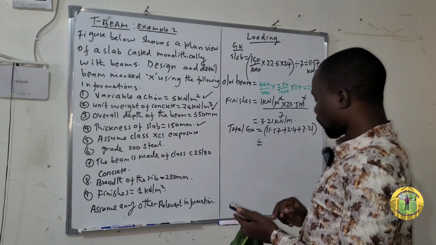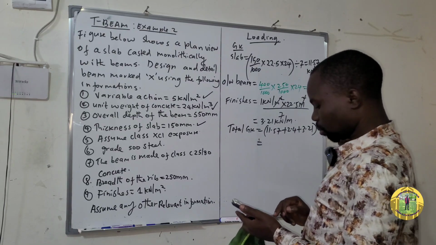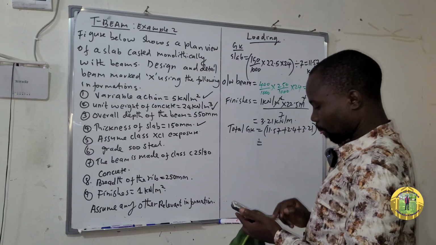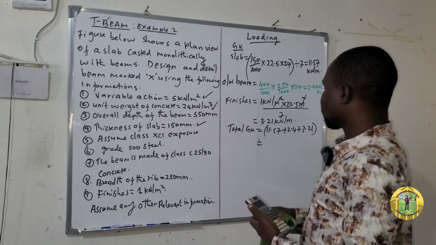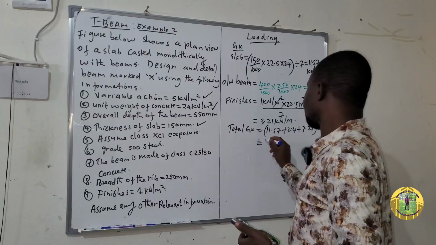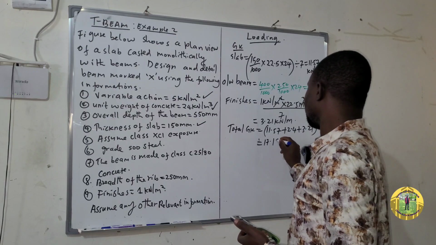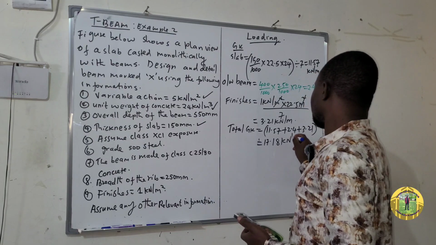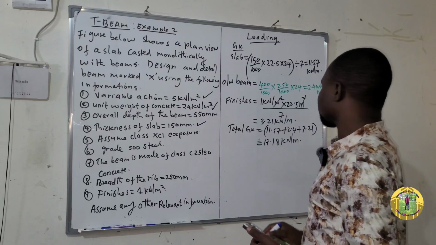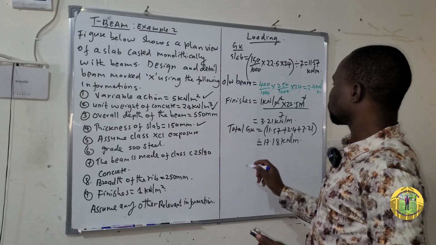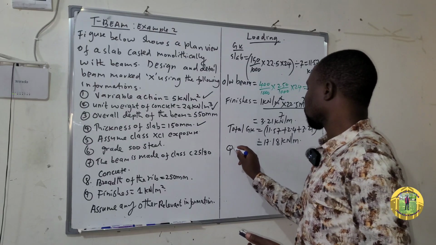So this is 17.18 kilonewton per meter. Remember, you also have QK.